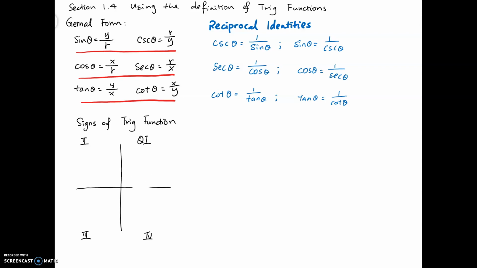So that means sine theta and cosecant theta are positive in quadrant 1. Sine theta and cosecant theta are also positive in quadrant 2.